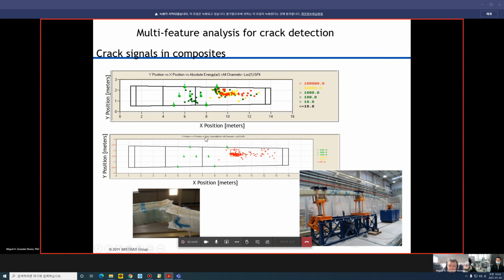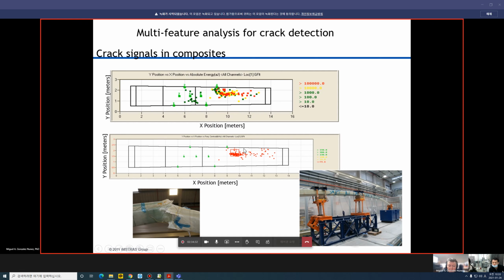This is another acoustic feature extracted from the acoustic emission signals. And we graphically filtered just to show, in this example, the signals with a frequency centroid less than or equal to 75 kilohertz.